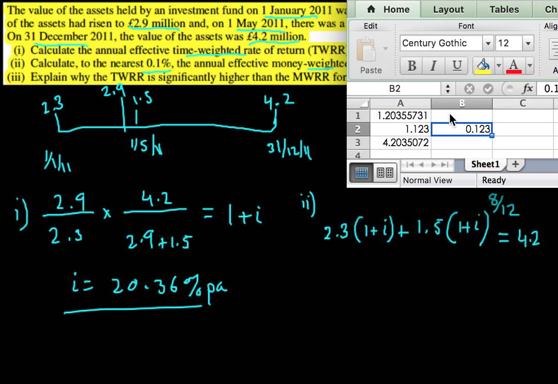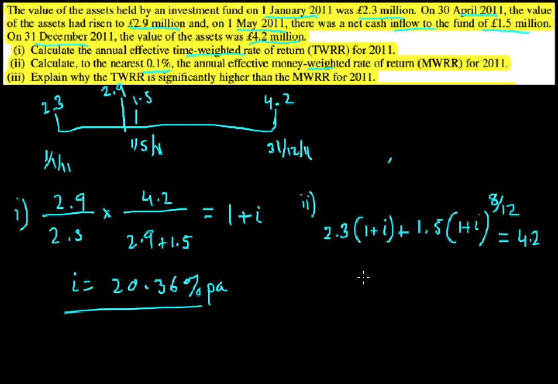So 12.3% is just about there. 12.1%, a little bit too low, so you guessed it, 12.2% is what we need i to be, rounded to the nearest 0.1%. So i is equal to 12.2% per annum, which is significantly less than the 20% over here.